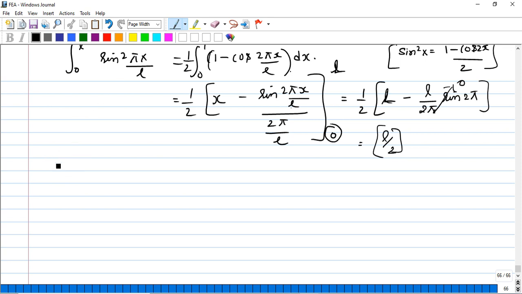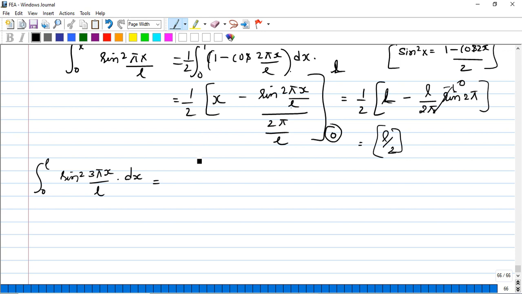Similarly, the second term is the integral from 0 to L of sine square 3 pi x by L into dx. I can use the same formula, sine square x is equal to (1 minus cos 2x) by 2.